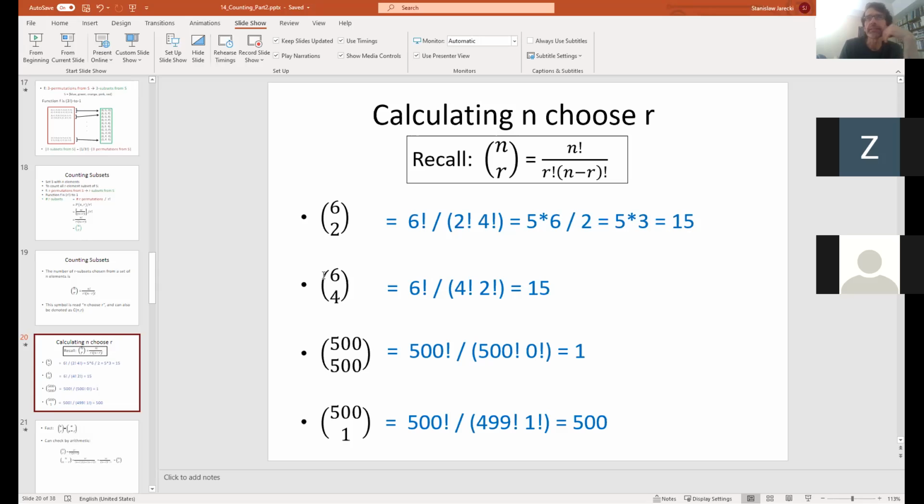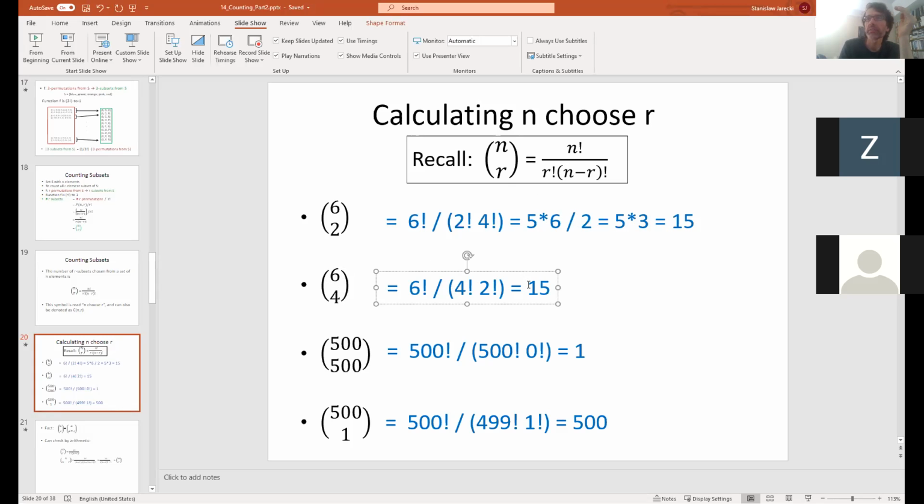Now, if I look instead at 4 element subsets of a 6 element set, then r is now 4, so it's 6 factorial divided by 4 factorial, and n minus r is 6 minus 4, so it's 2. But that's the same quantity, so I already know this is 15.